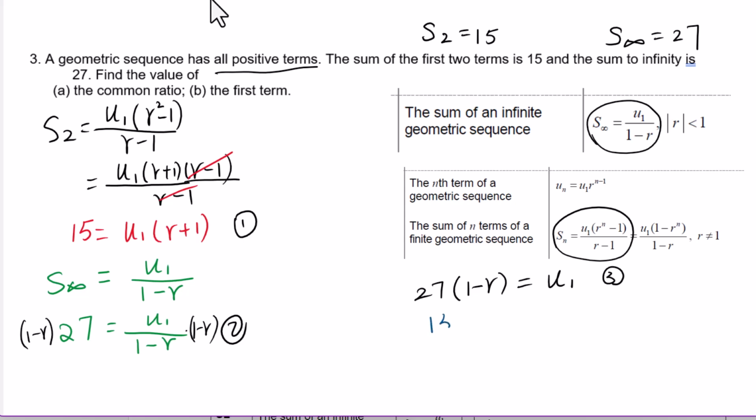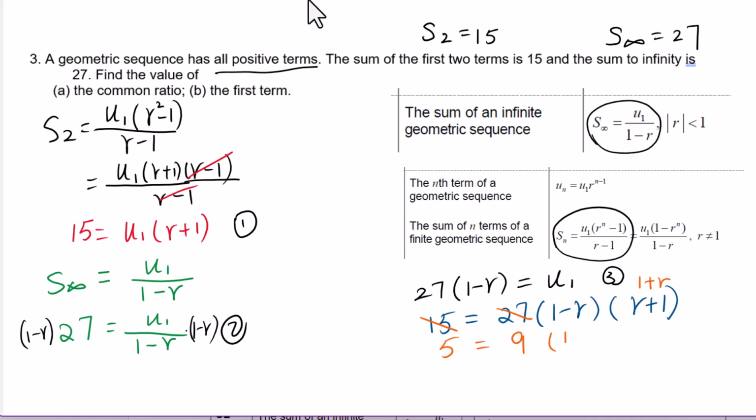We will get 15 equals 27 times (1 minus r) times (r plus 1). Before you move on, reduce first. 5 equals 9. We can change r plus 1 into 1 plus r. So we get 1 minus r squared. Simplify: 9 minus 9r squared equals 5.